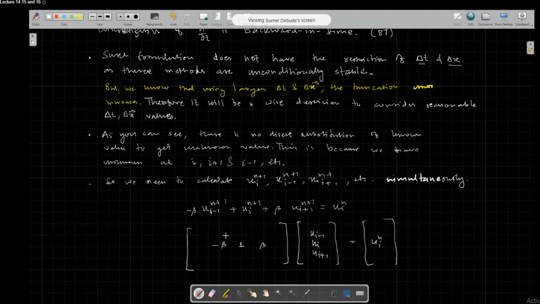Isn't it? So we can write in this form. Other terms will also be there in a matrix form. In a matrix form, we can represent all these terms here.